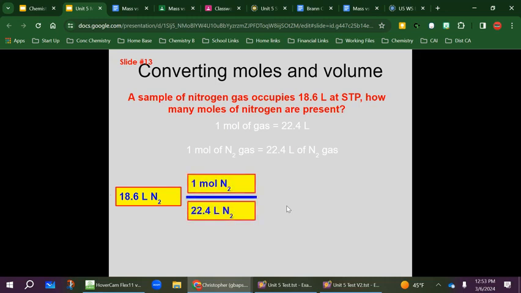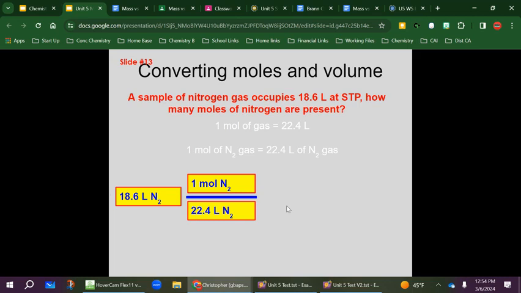Once again, I put liters on the bottom. Why? Only way to cancel out here. The units cancel out. But now it's always going to be 22.4 for this volume. Because I don't care what the gas is, its volume is always 22.4 liters if there is 1 mole of it. So we have the 22.4 liters on the bottom.